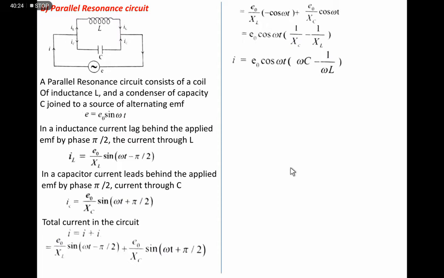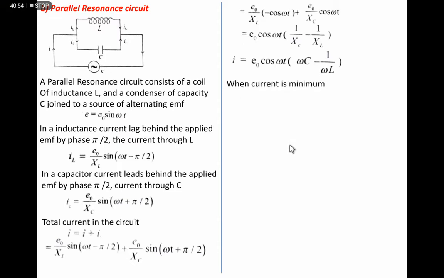Again, in this parallel AC circuit, at the particular frequency of the AC generator, this bracket becomes equal to 0. Omega C becomes equal to 1 by omega L, that is XC is equal to XL at that particular frequency of the AC generator.